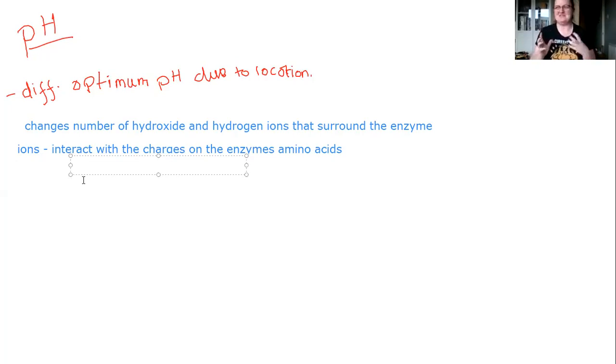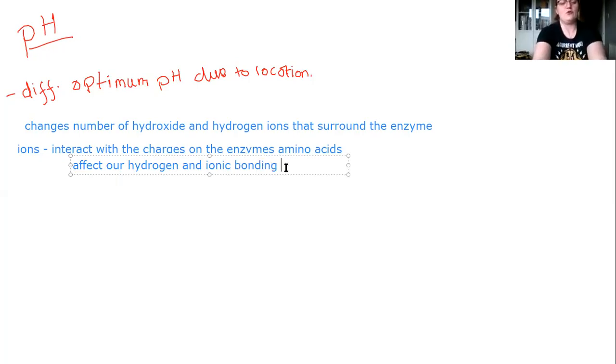So actually we're starting to affect the whole structure and formation of our protein again. If our hydrogen and ionic bonding is affected, you can probably guess where this is going. It will cause changes to the tertiary structure.